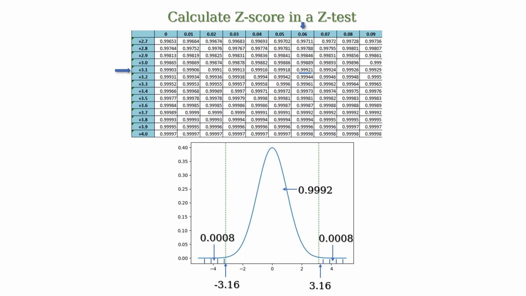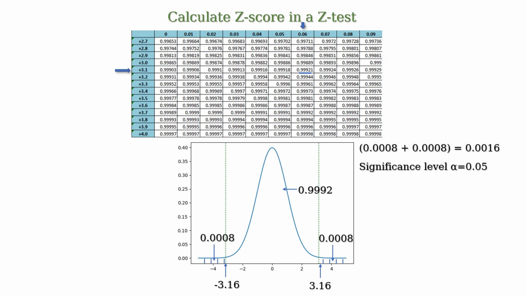And as the curve is symmetrical, the area on the left side of z-score of minus 3.16 will be 0.0008. Summing the values up, we get 0.0008 plus 0.0008, that is 0.0016. This is our p-value.